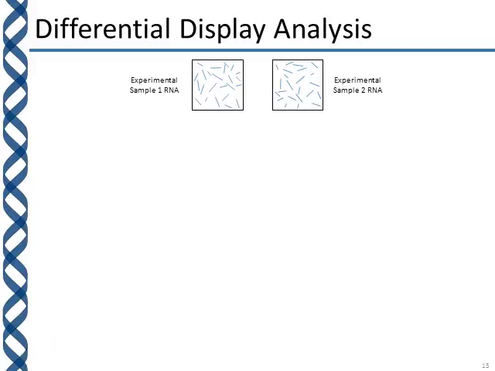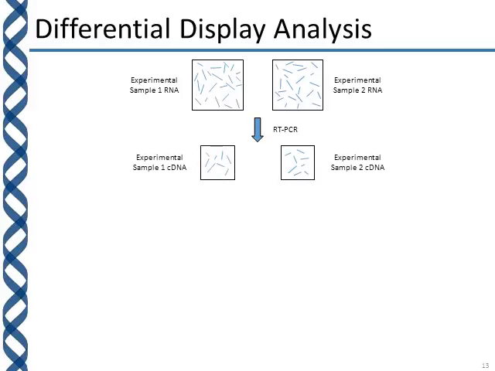To show you how differential display analysis works, we have experimental sample 1 and experimental sample 2. The total RNA population is isolated in solution.